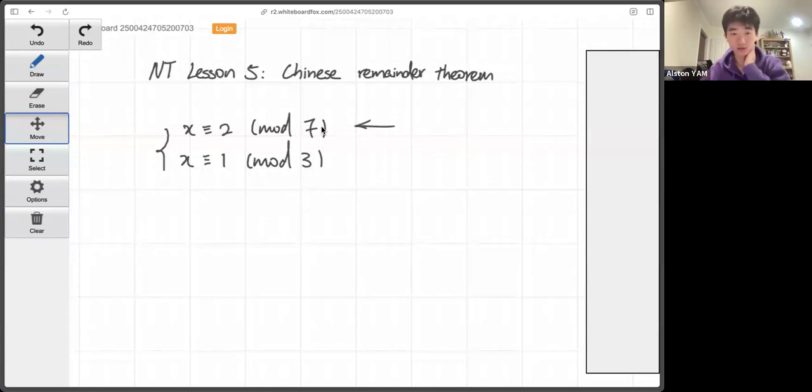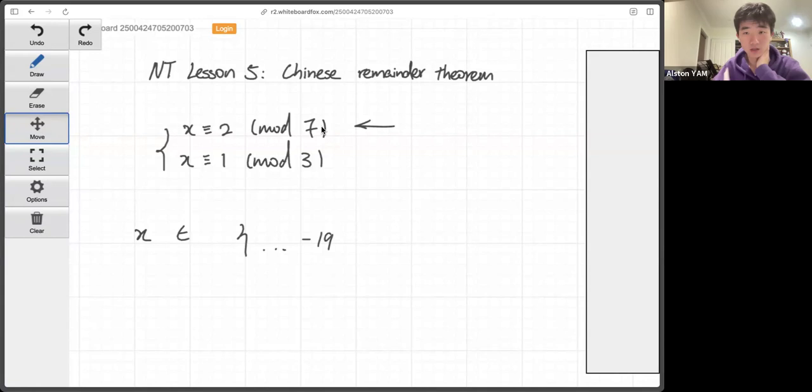If x is congruent to 2 mod 7, then x must be in the set of, let's see, I'll go from the negative. So there's a bunch of negative numbers. It must be in the set of negative 19, because that's 2 away from 21, which is a multiple of 7. And then we go to negative 12, negative 5, and then 2.